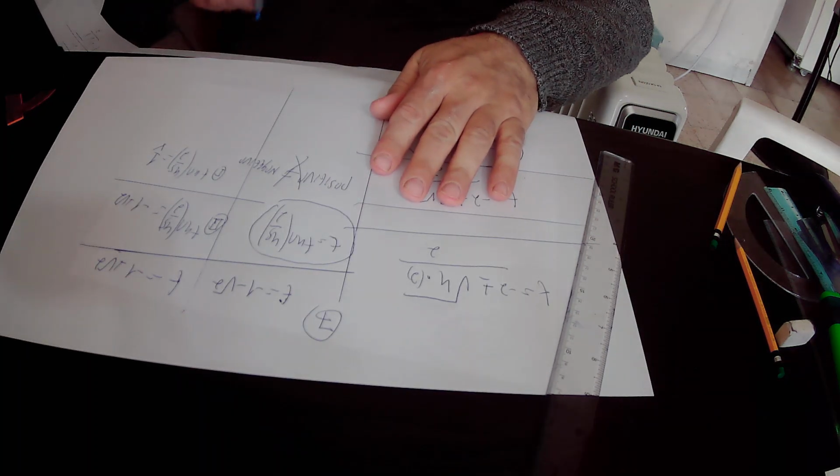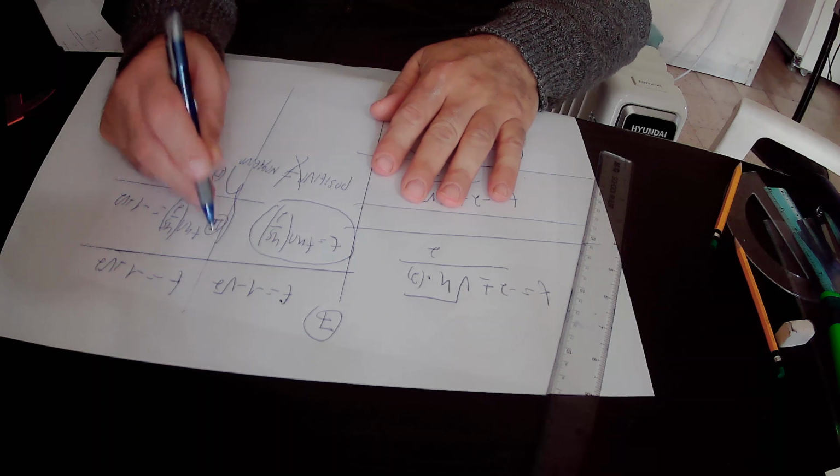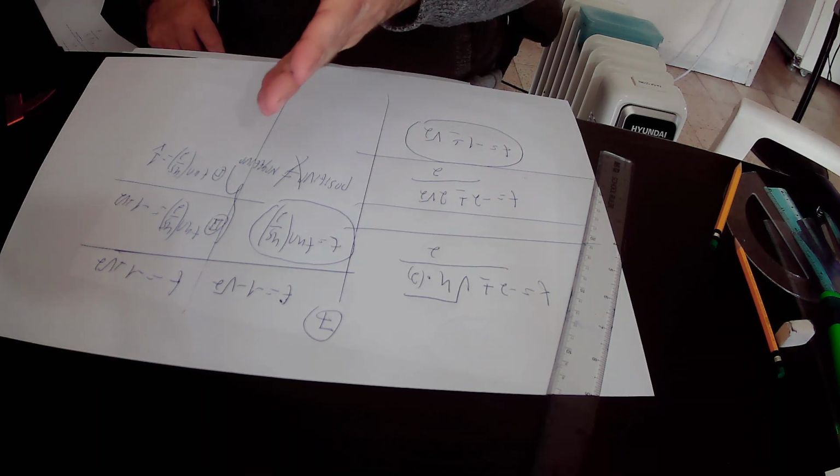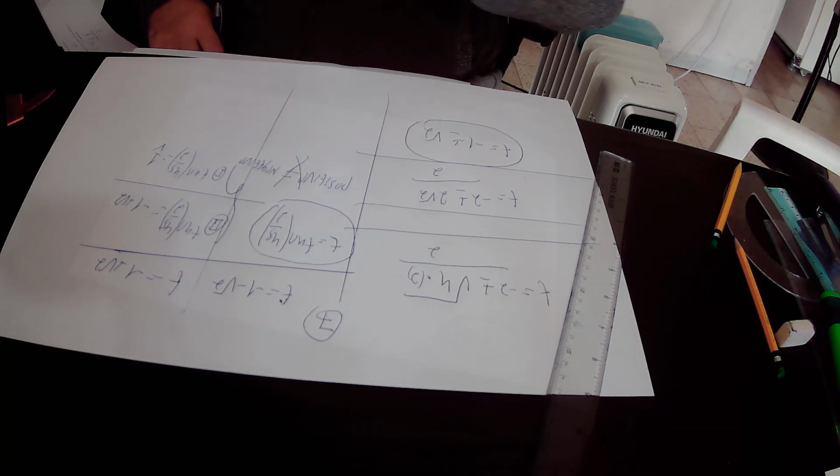So we have two different expressions for tangent of 45 degrees over 2.